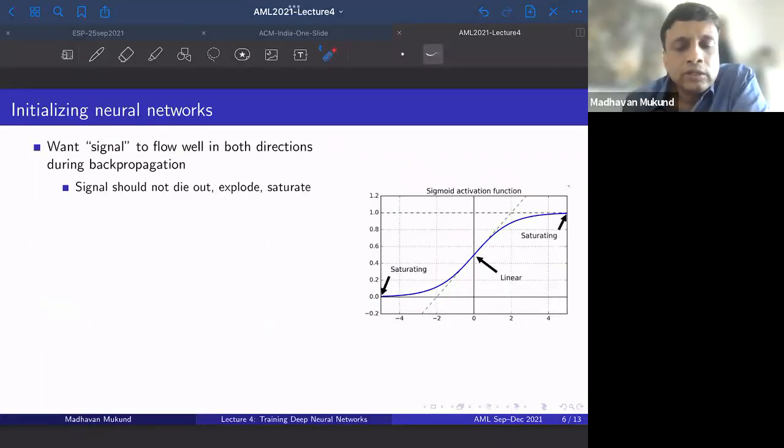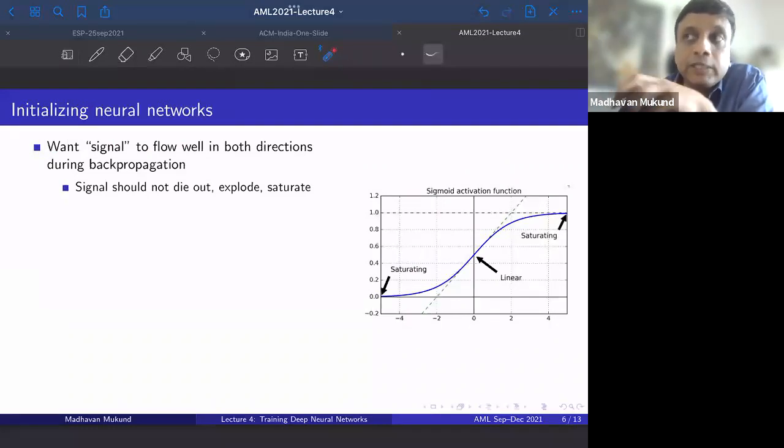If you don't want this signal to blow up, remember it's going in 2 directions. You're doing the output calculation in the forward direction by adding up the contribution of all the inputs, but you're also doing this gradient calculation in the backward direction, which is also summing up things but multiplying them as well. So it should not do anything strange. It should not die out in the reverse direction, it should not explode in the forward direction, and it should not saturate. You want to avoid all these things in order to make your neural network learning more stable.